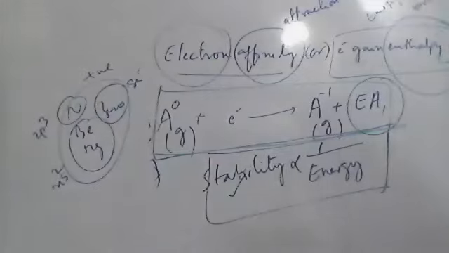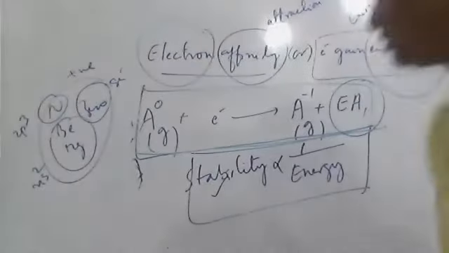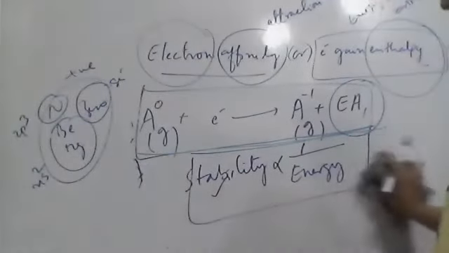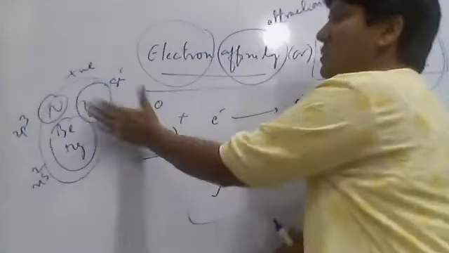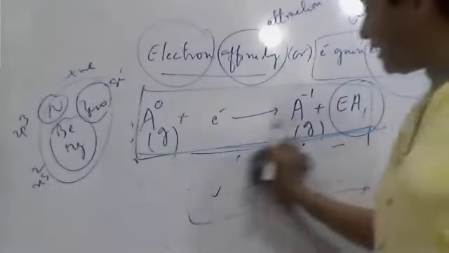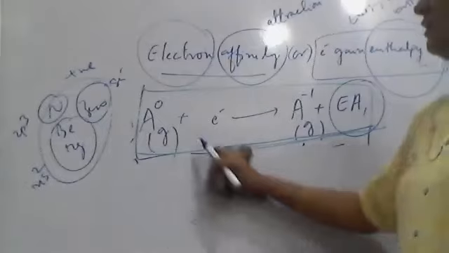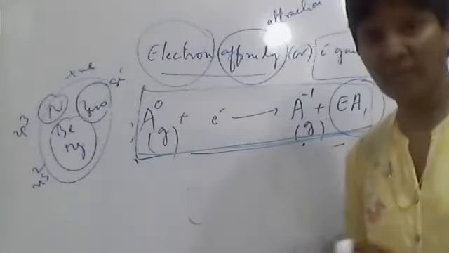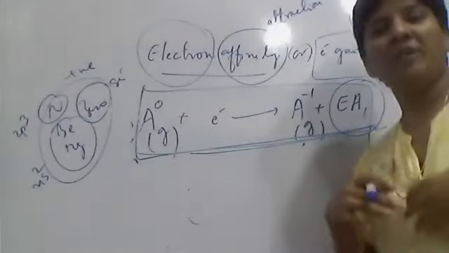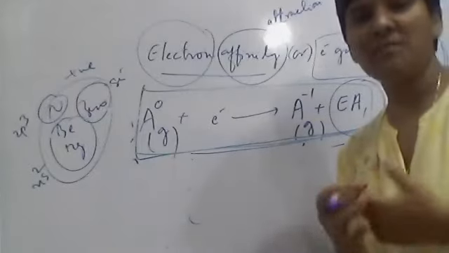configuration. Leaving these elements aside, why do the other elements release energy when they gain an electron? Because they become octet, or very close to octet, and become stable.